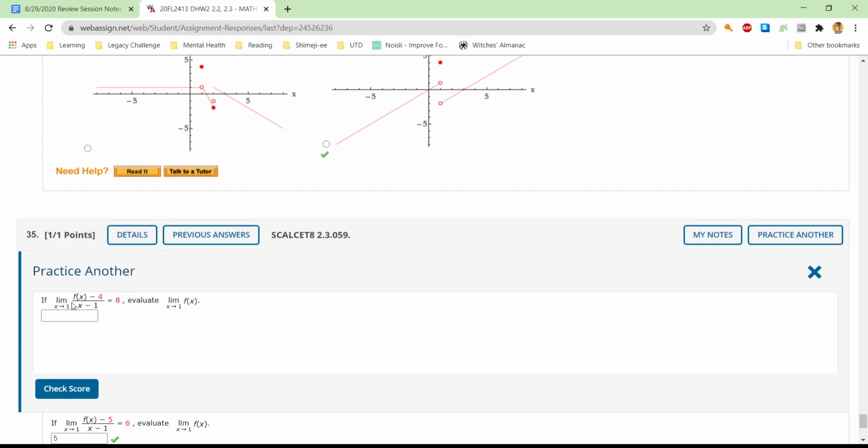So you would multiply both sides by x minus 1 to get rid of this division. You'd end up with 8x minus 8. Then you would have f of x minus 4 equals 8x minus 8. You would add 4 to both sides, and you'd have f of x is equal to 8x minus 4. Then, because we're approaching 1 here, plug in a 1 for x. So 1 times 8 is 8, minus 4 is 4. So f of x would be 4.